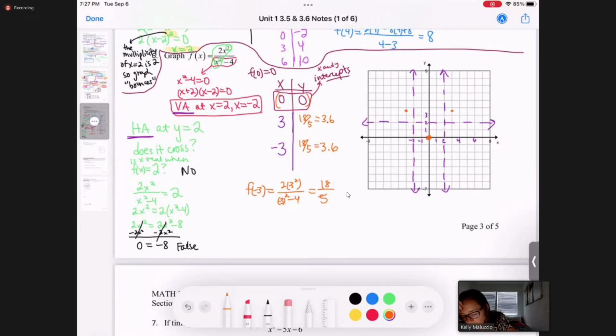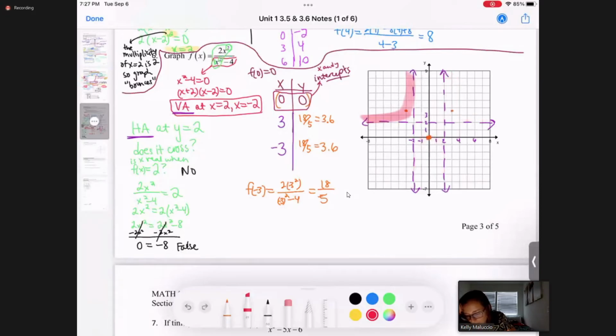If I'm on this left-hand side, it's going to approach the asymptote here and approach there. And I know this is not going to go up, because that means it crosses the horizontal asymptote, and we know it doesn't do that. So it must go down.